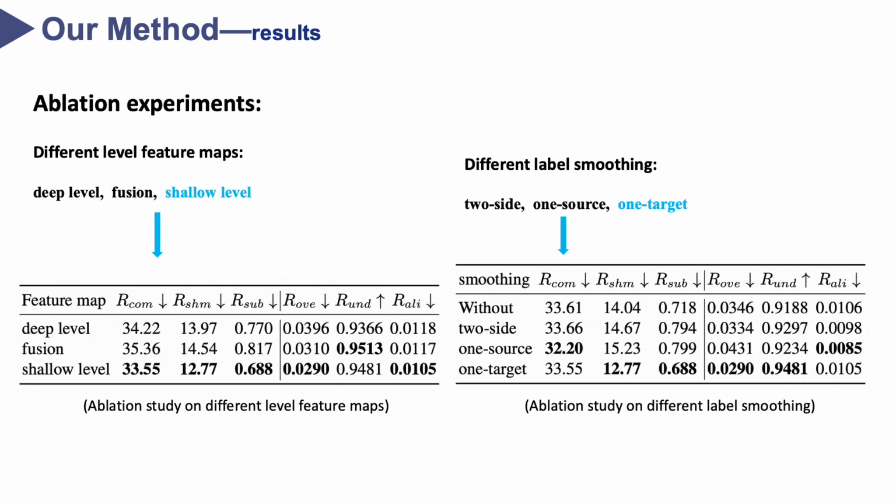As shown in the left table, discriminating with the shallow feature map in PDA-GAN can achieve better results in both composition-relevant and graphic metrics. The right table shows that the model with one target label smoothing performs better in all metrics than without label smoothing. In addition, the effects of two-sided or one source label smoothing are not as good as one target label smoothing.